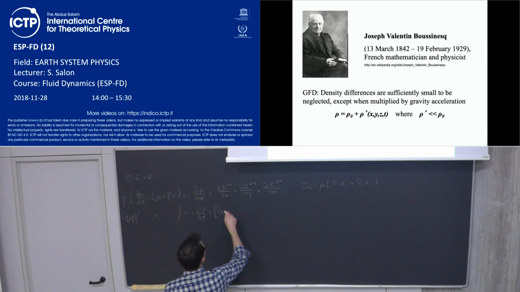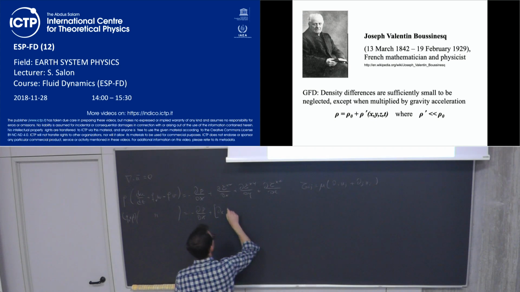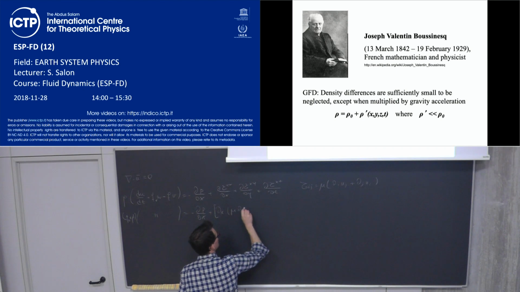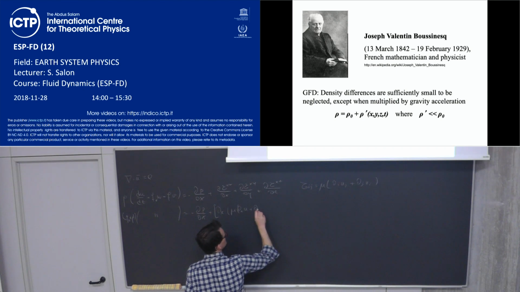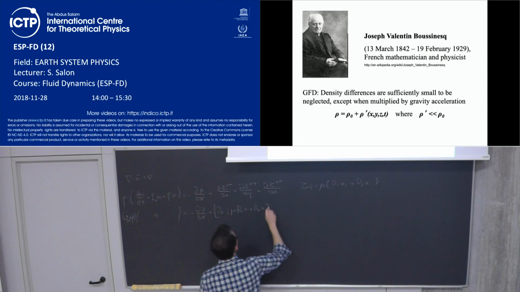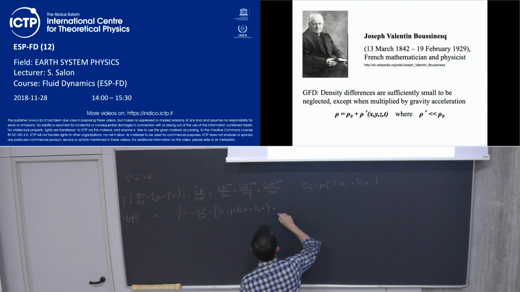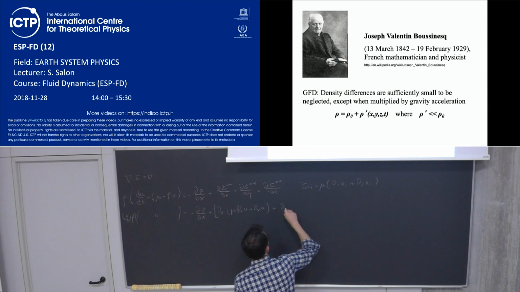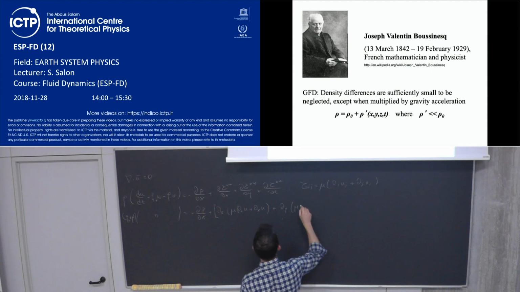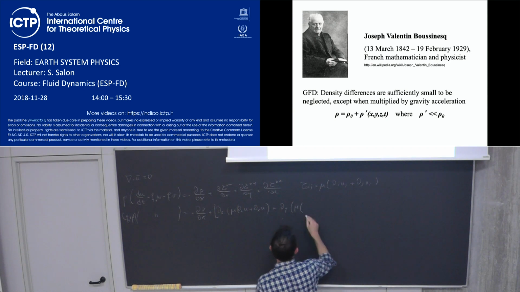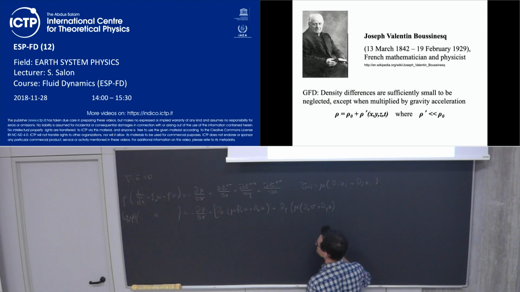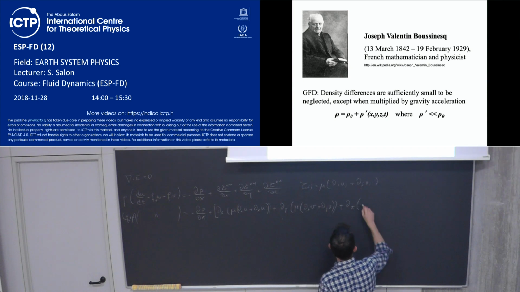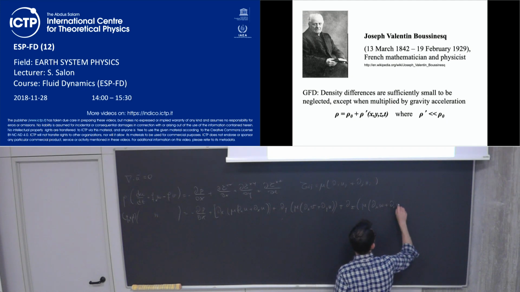So we have dx of tau xx, which is mu dxu plus dxu, plus dy of mu, so it's tau xy, so dxv plus dyu, plus dz of mu, dxw plus dzu.